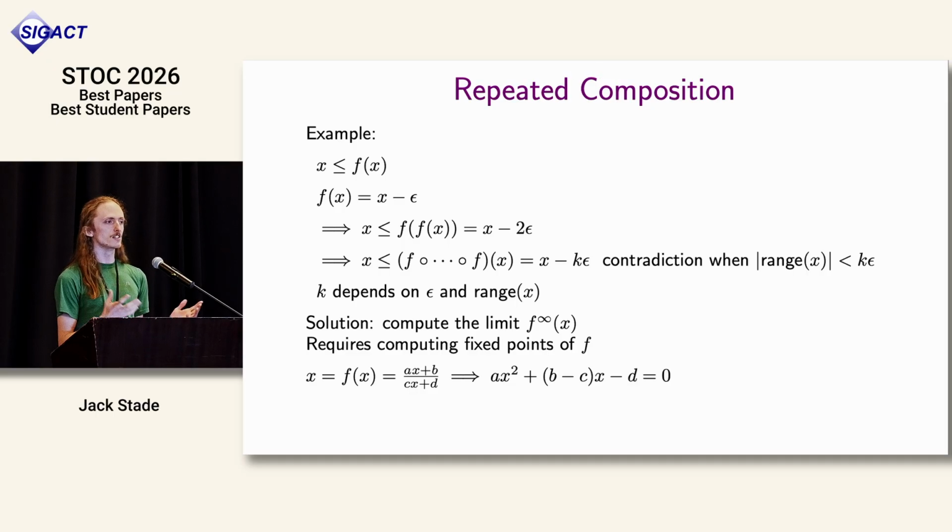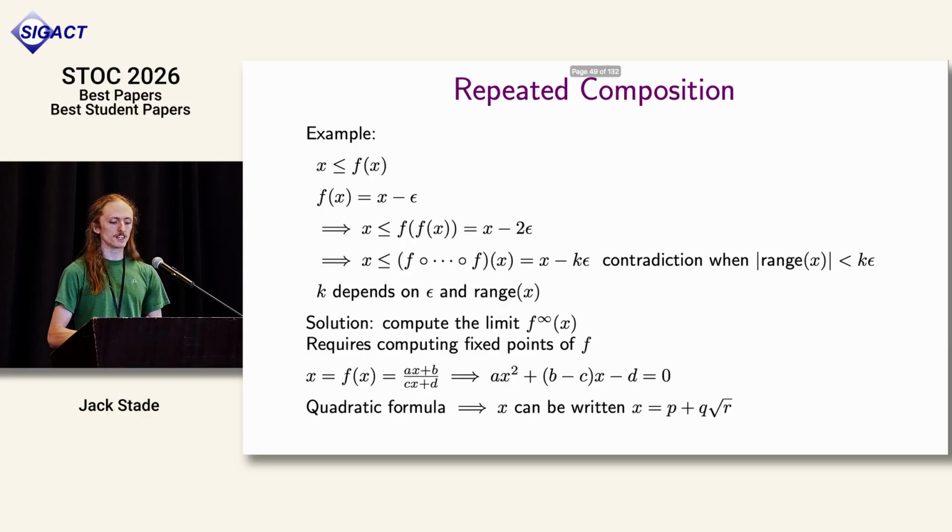And f is this fractional linear function, and computing the fixed points is just solving a quadratic equation. So the fixed points end up being of the form p plus q times square root r.